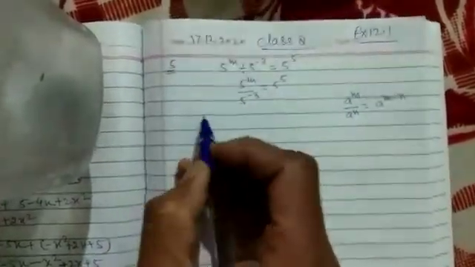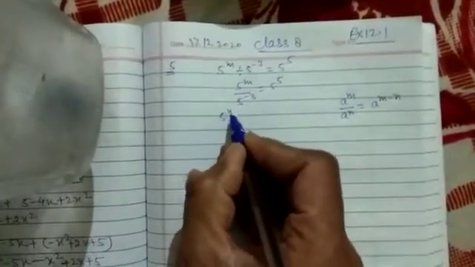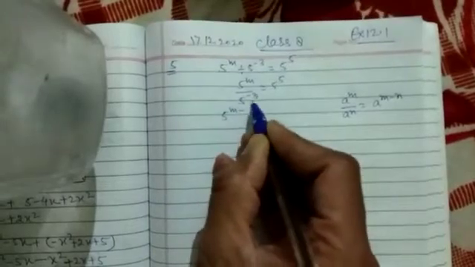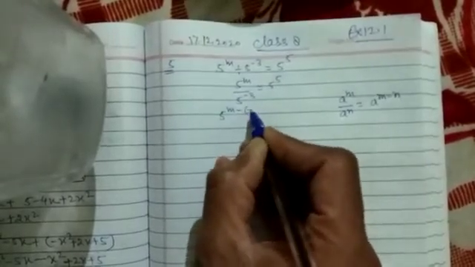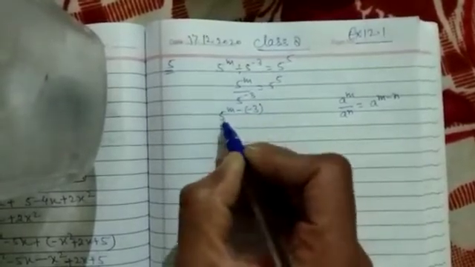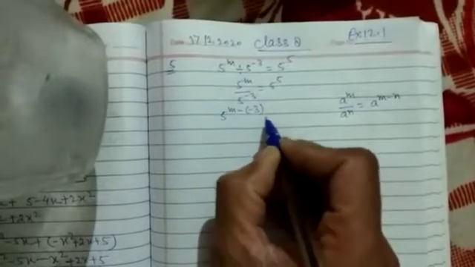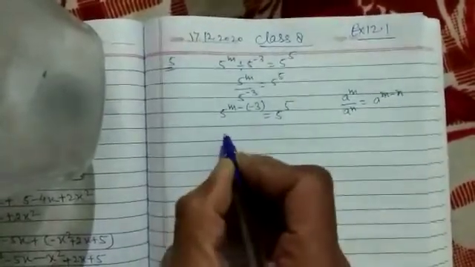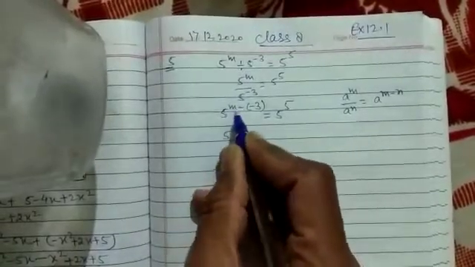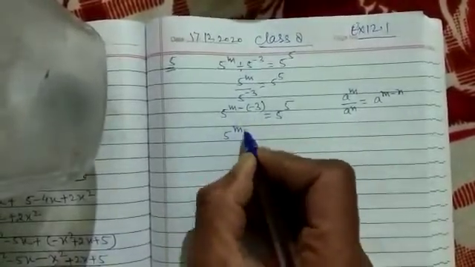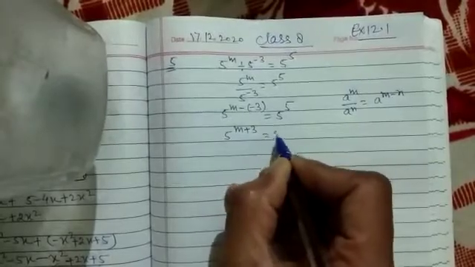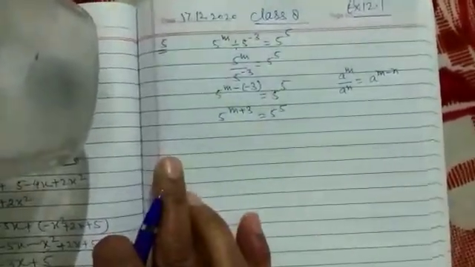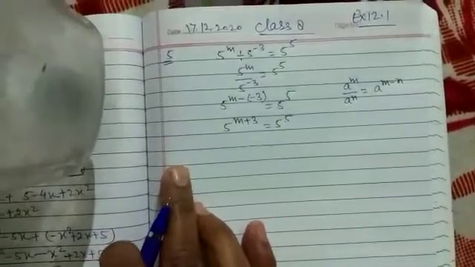So we can use that formula: we are dividing, so minus, and the n is minus 3. So it will be 5 to the power m minus minus 3, which is 5 to the power m plus 3, is equal to 5 to the power 5.